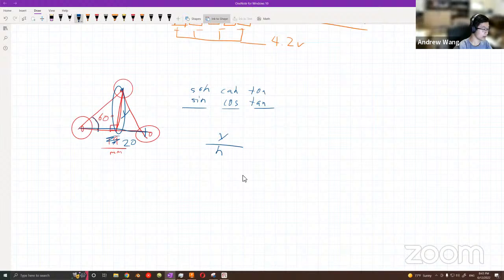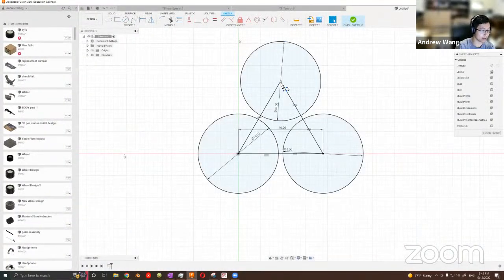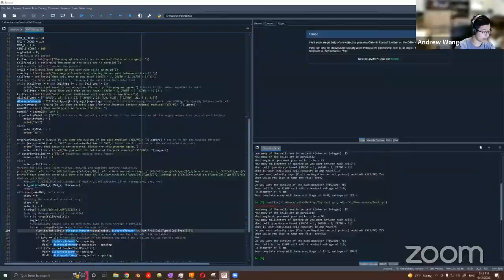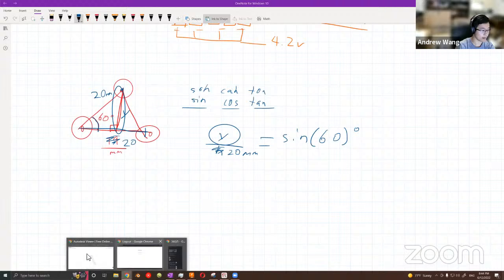And this, of course, is our 20 millimeters. 20 millimeters. And that is equal to sine 30 or sine 60. And that is how we solve for our y in this direction. So if we look back over here, over Fusion 360, that is exactly what we need to complete the triangle over here and create the cells in the array.